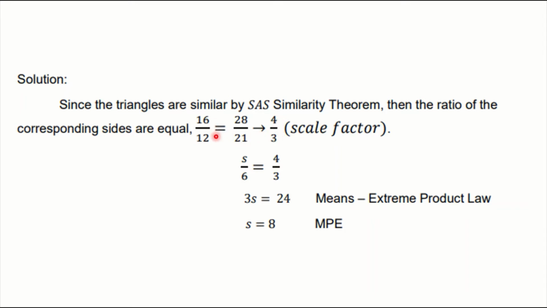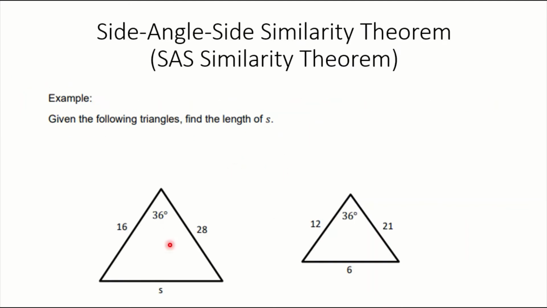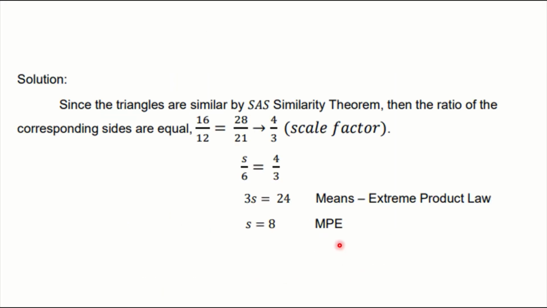Because 16 over 12 has a lowest term of 4 over 3, same as with 28 over 21. So our scale factor is 4 over 3. So we can use S over 6 is equal to 4 over 3. Yung S over 6, nakuha natin yan dito. S over 6. Since sila yung proportion.